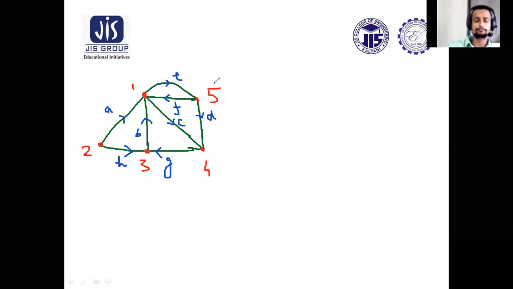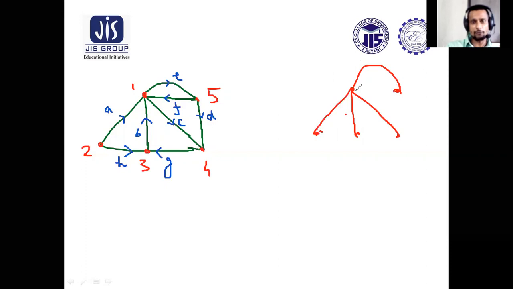These are the nodes. Now, if I ask you to form a tree, all these 5 nodes should be there. So for 5 nodes, the number of tree branches, that is twigs, will be 4. So let us consider this branch, this branch, this branch. 1, 2, 3, 4. 4 branches we have considered for this one.